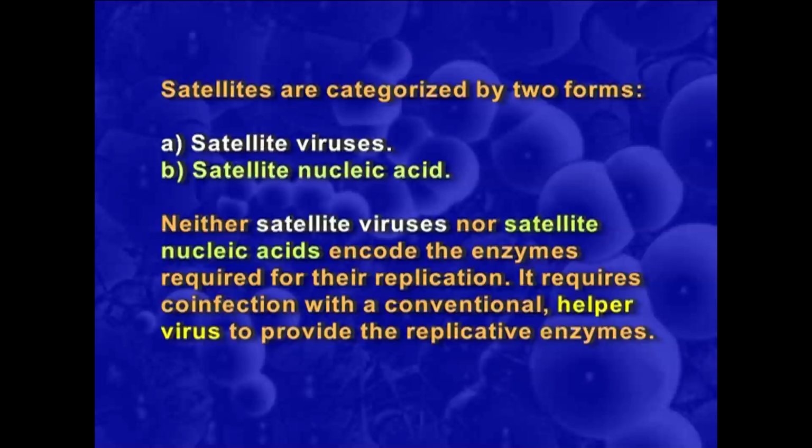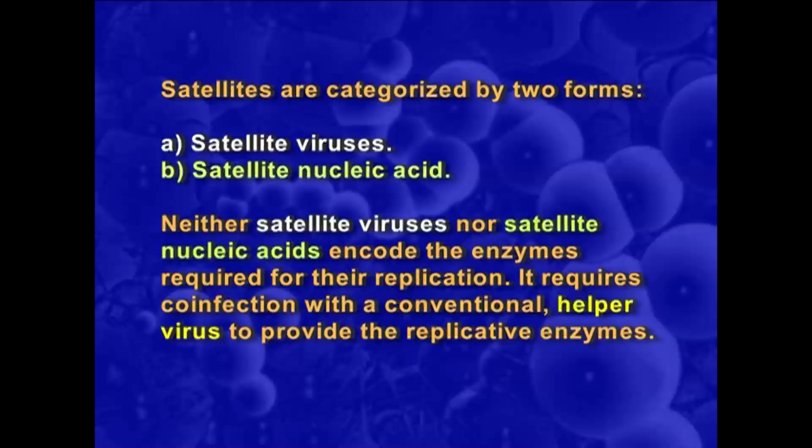So next we will be discussing satellite viruses. Satellite viruses were again of two types: they are called either satellite viruses or satellite nucleic acids. One common feature of satellite viruses and satellite nucleic acids was that they were unable to synthesize the proteins or enzymes responsible for carrying out the replication of their genomes.